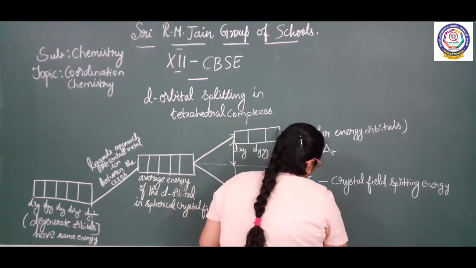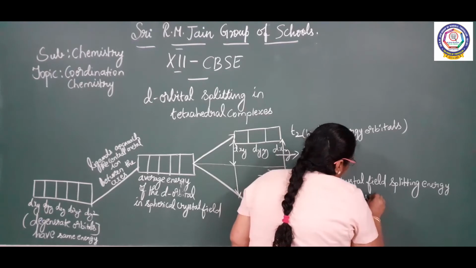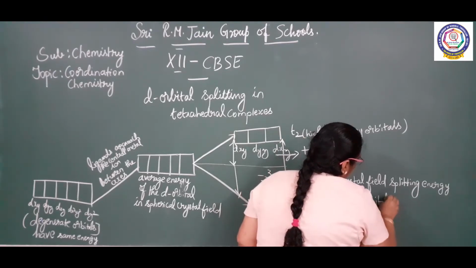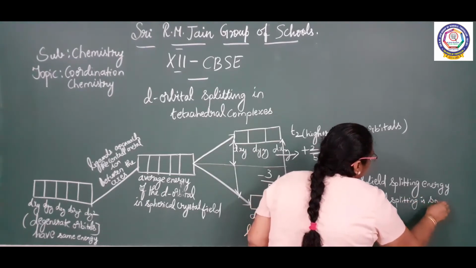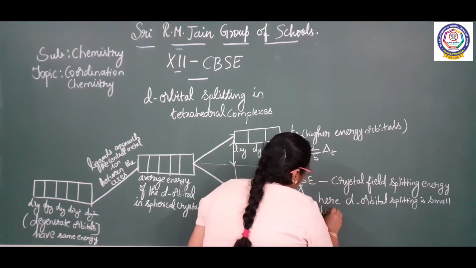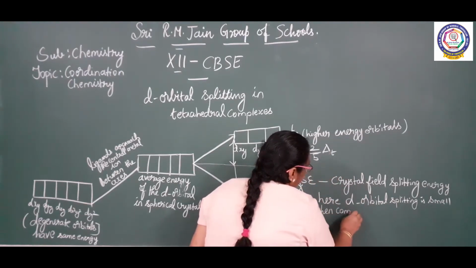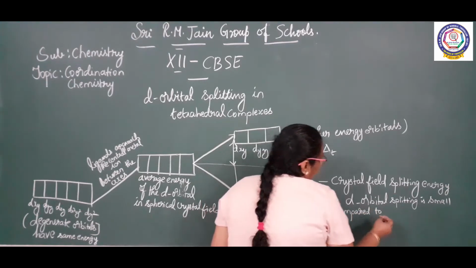Here, d orbital splitting is small when compared to the octahedral complex.